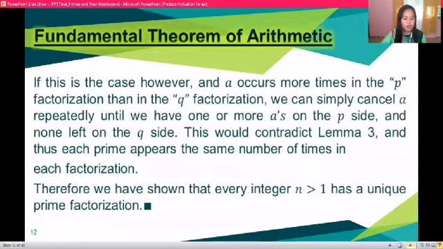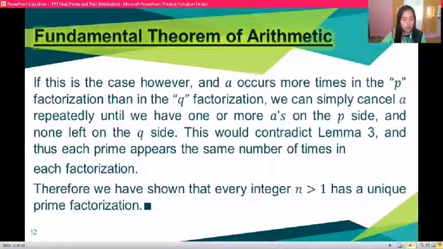If this is the case, however, and a occurs more times in the p factorization than in the q factorization, we can simply cancel a repeatedly until we have one or more a's on the p side and none left on the q side. This would contradict lemma 3, and thus each prime appears the same number of times in each factorization.